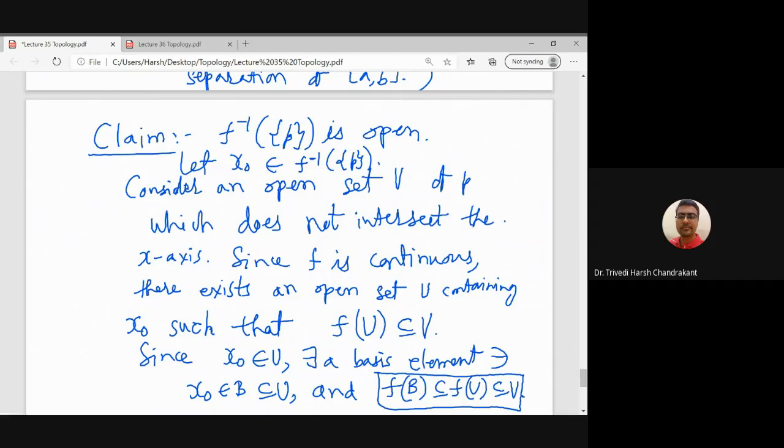We take any element of the set and find a basis element which is contained in that set. That way we prove a subset of a topological space is open.